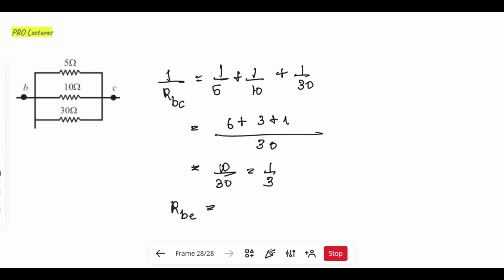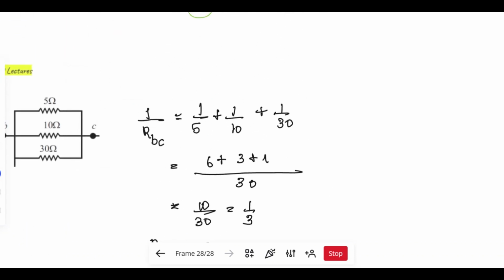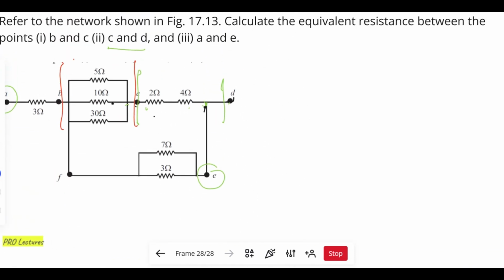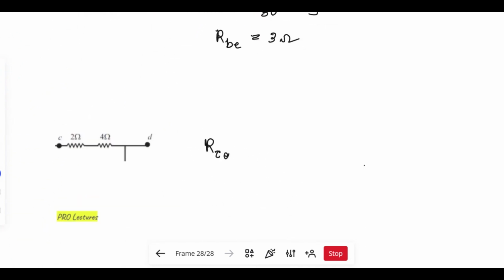Equivalent resistance between the points B and C is 3 ohm. Let's move on to the points between C and D. Two resistors in series combination. So the equivalent resistance RCD is 2 ohm plus 4 ohm. So we get 6 ohm.